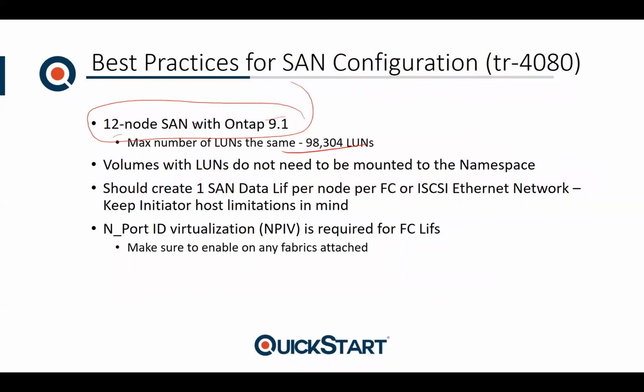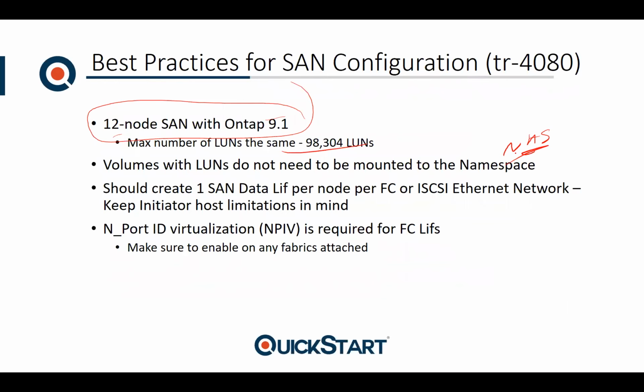Let's see what else we have. When we talk about volumes, we learned about FlexVols when you took the ONTAP admin course years ago. You were taught about mounting volumes to the namespace. Well, namespaces are really only used for NAS purposes, right? Those mount, I do the volume mount command, or when I am creating the volume, I specify its junction path attribute, right? That's what we're talking about.